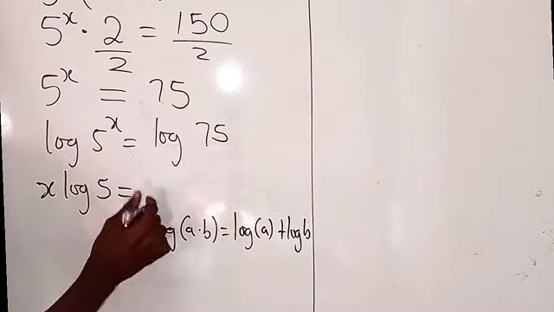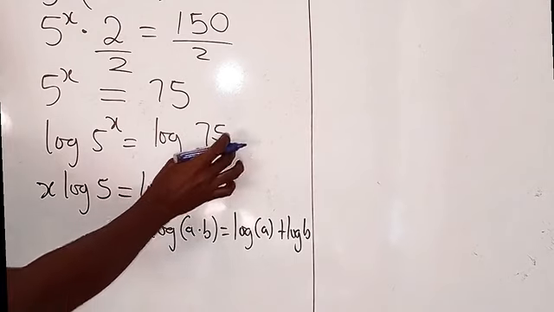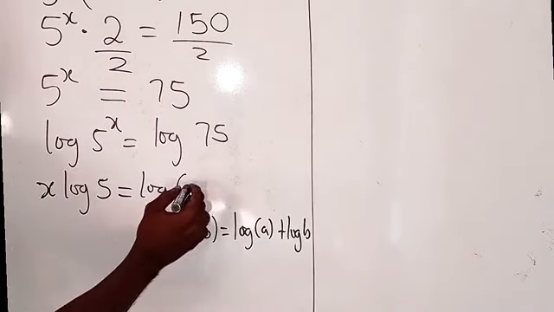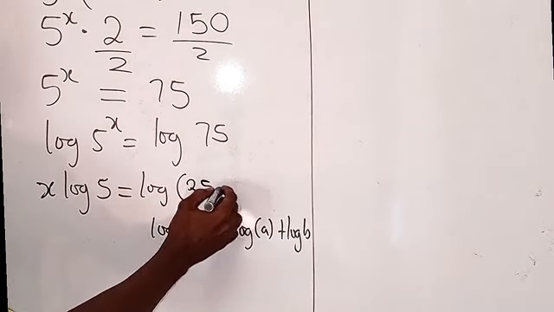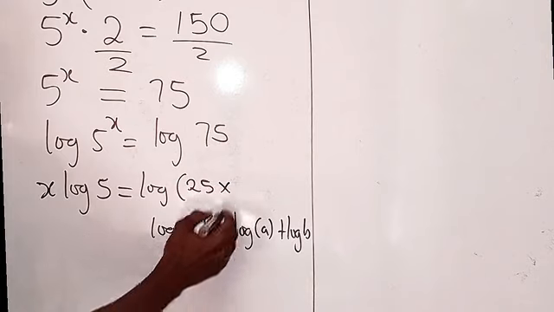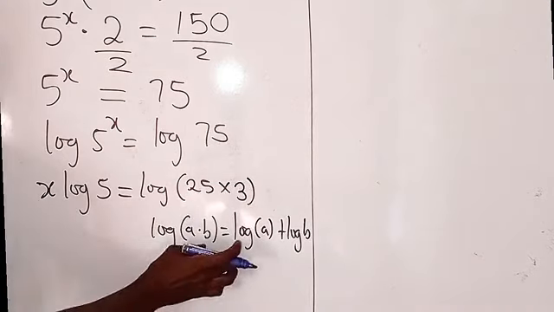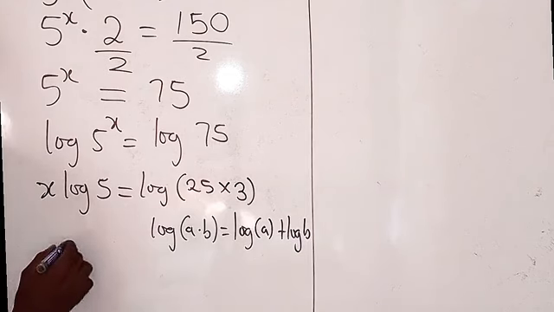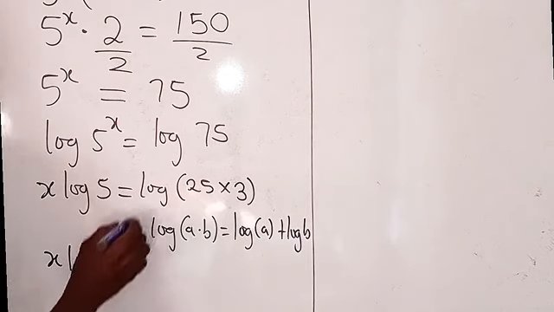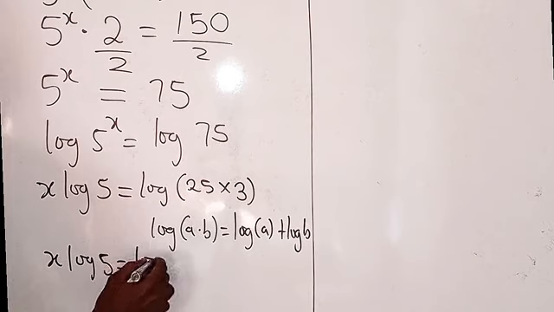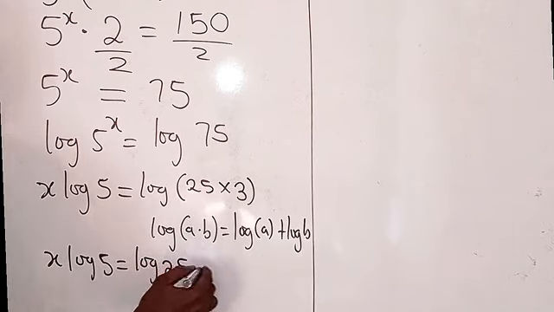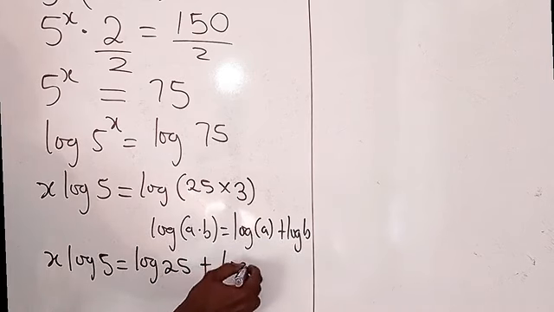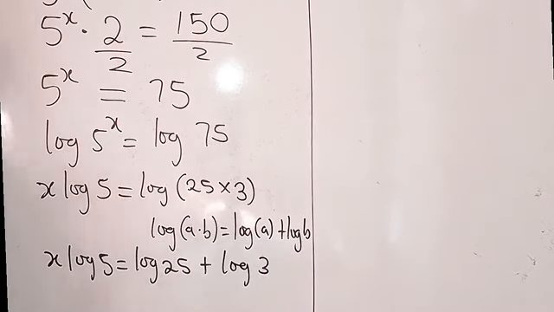So therefore we can write this log 75 as log of 25 multiplied by 3. Okay, using this law we have x log 5 equals log 25 plus log 3. Now what's the next thing we are going to do?